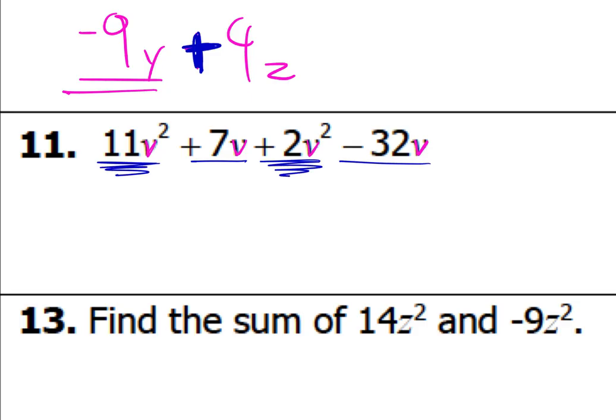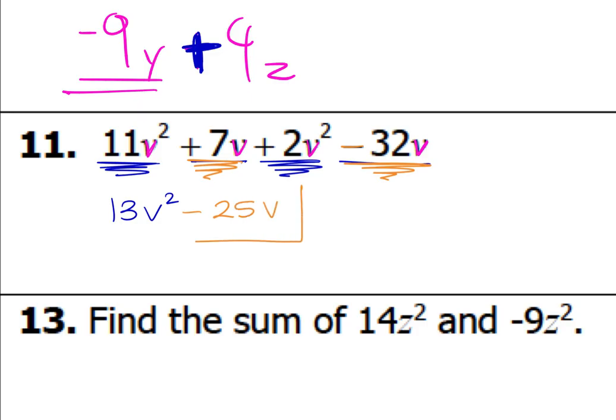What does that become? 11V squared plus 2V squared. 13V squared, if you used a Y. Yeah, I get it. Okay, now this. 7V, what? Plus or minus? Minus 32V. What do you get? Negative 25 and just a V.